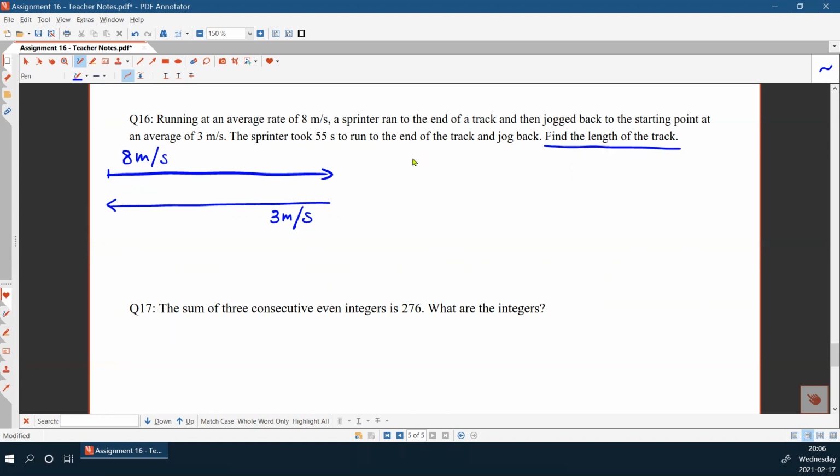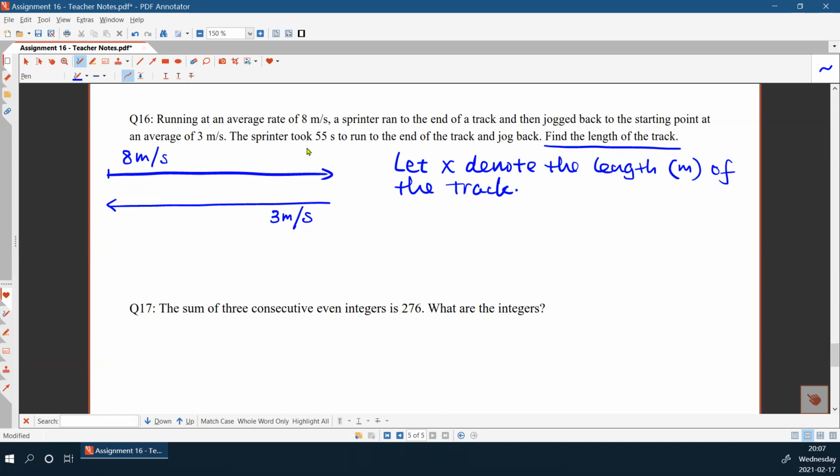Okay, so let's try this. Let X denote the length of the track. Okay, unit is meters. Okay, so is there any equality relationship in this question?